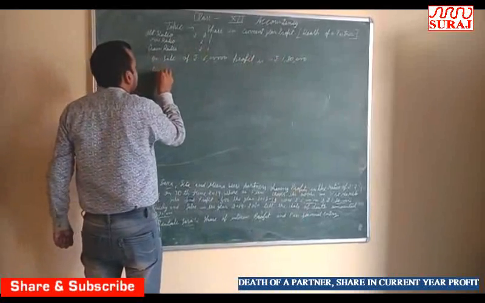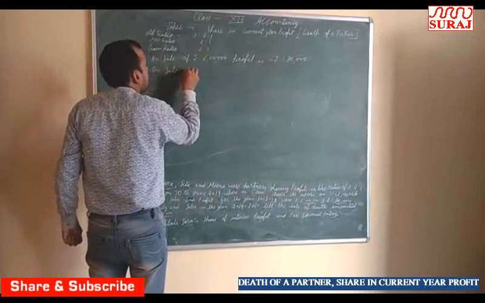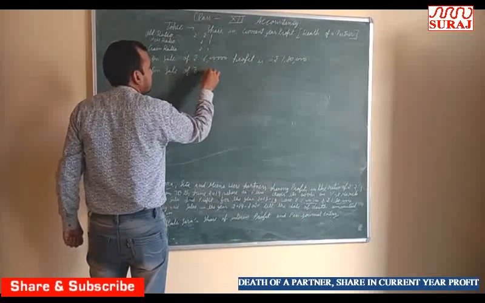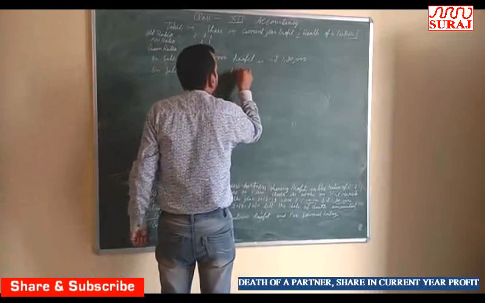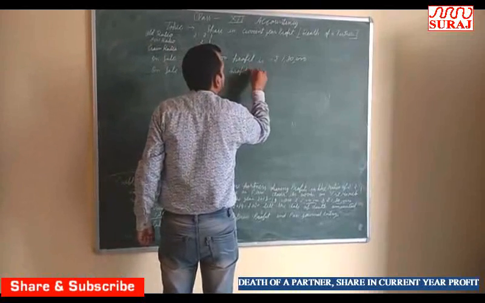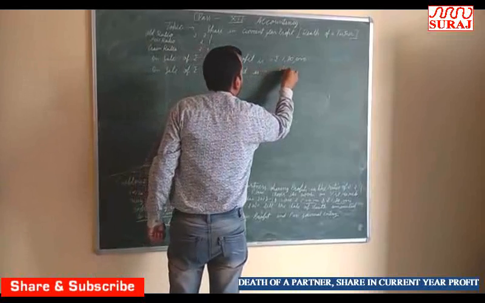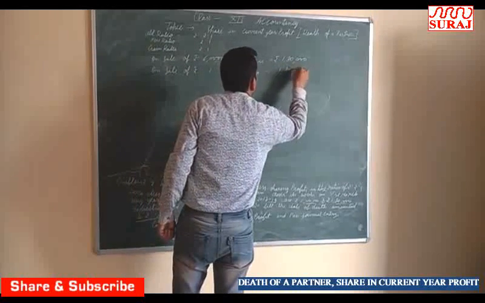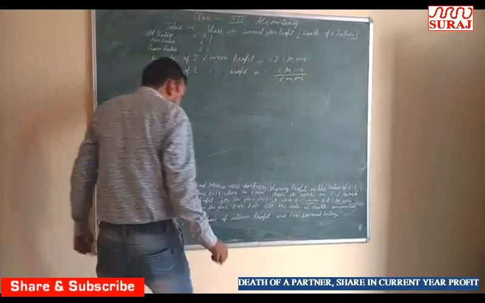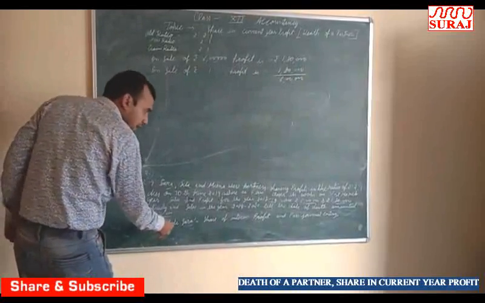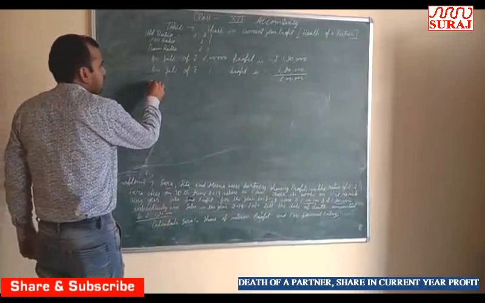On sale of ₹1, profit is 1,80,000 divided by 6 lakh. And up to the date of death, your sale is 1,20,000.